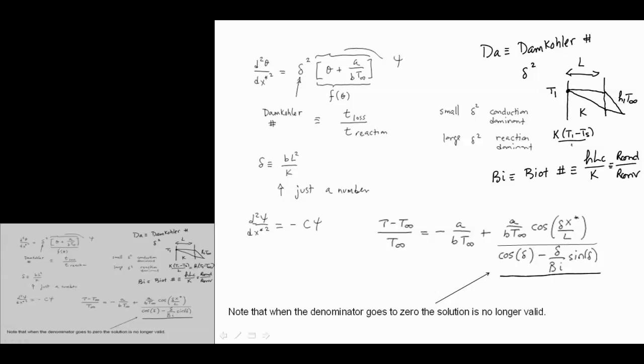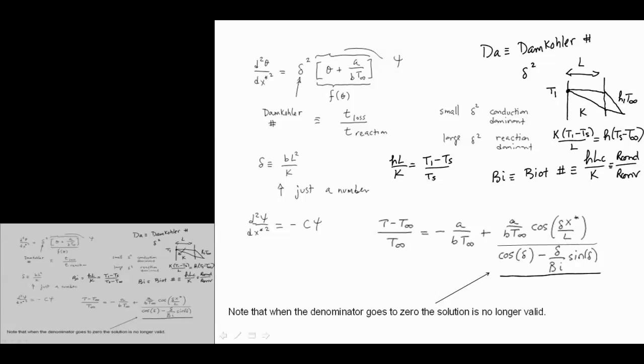And what that balance suggests is that hL over k is equal to T1 minus Ts over Ts minus T infinity. Okay, all I did was just rearrange that. That hL over k, again, is the Biot number. And our interpretation here is, again, that if the Biot number is small, it means that there's not a big temperature difference internally. So this is our Biot number small case.